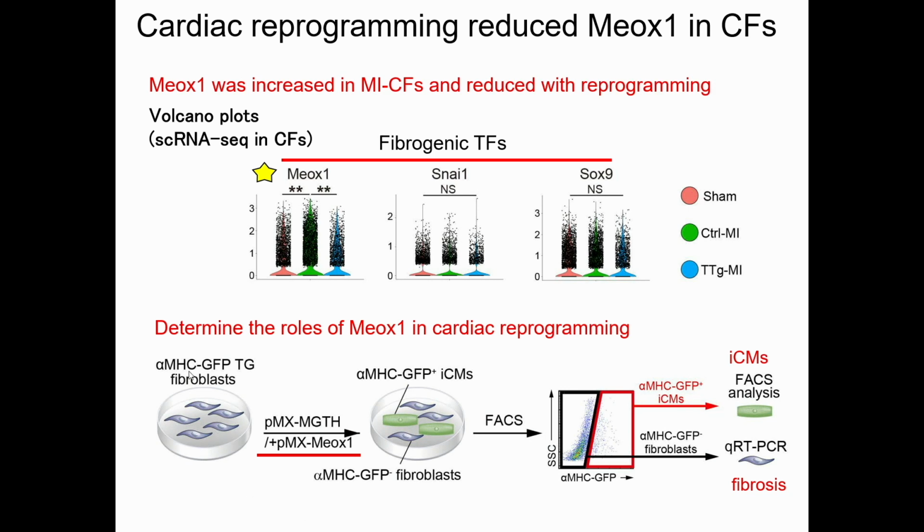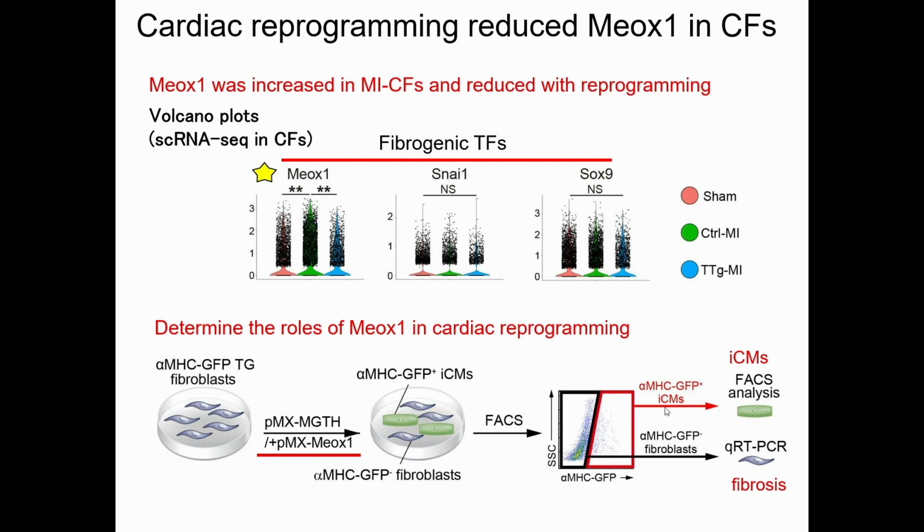We use alpha-myosin heavy chain GFP transgenic fibroblasts in which only cardiac myocytes express GFP, so fibroblasts don't express GFP. We overexpress MGTH, the cardiac reprogramming factors, plus MEOX1 to restore the MEOX1 expression after reprogramming. We expected some cells to be converted into iCMs, but many of them to remain as cardiac fibroblasts.